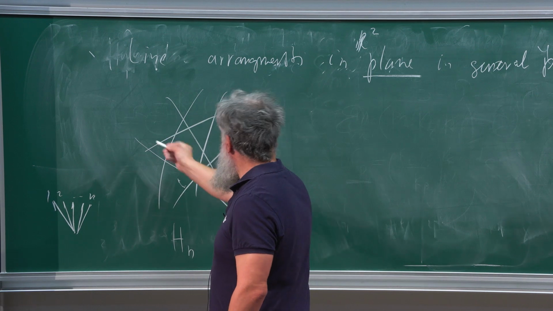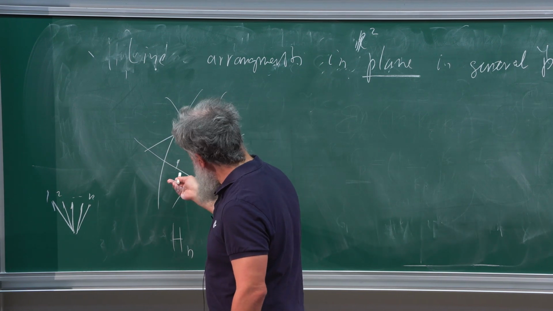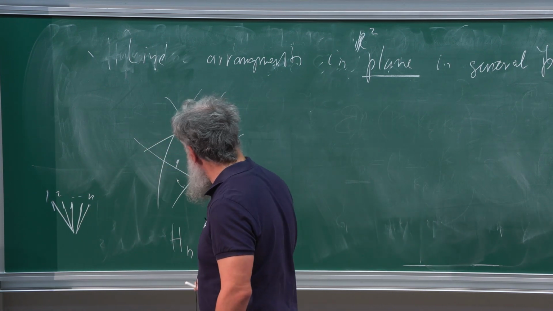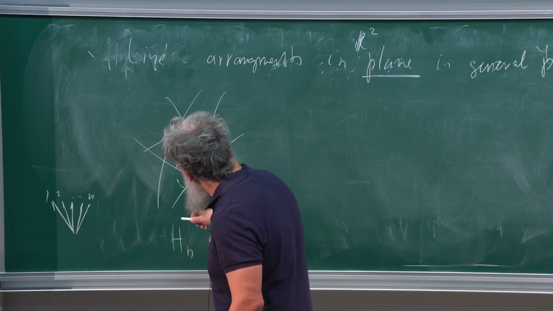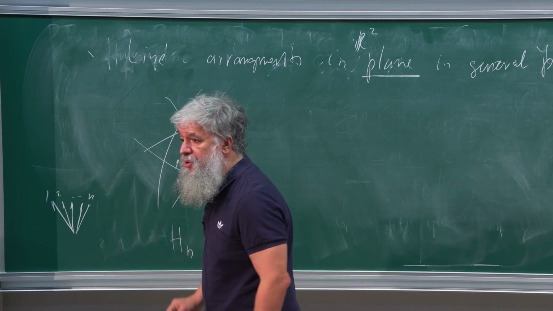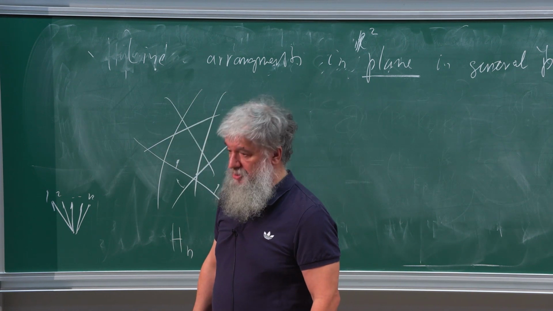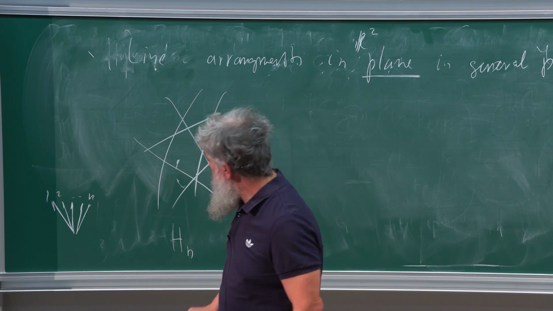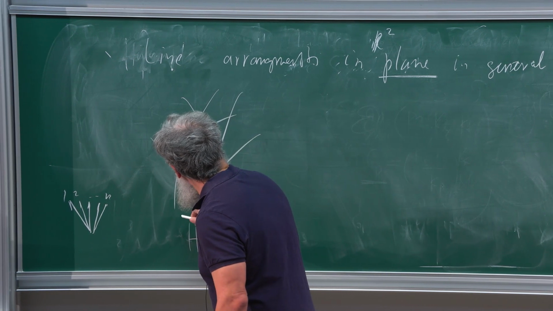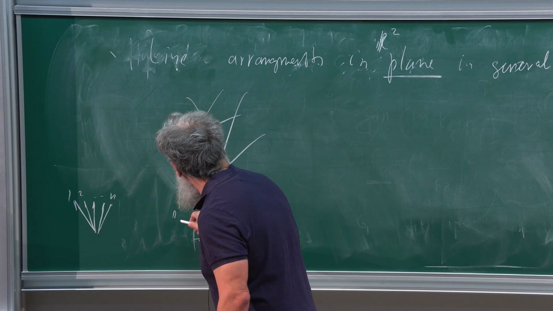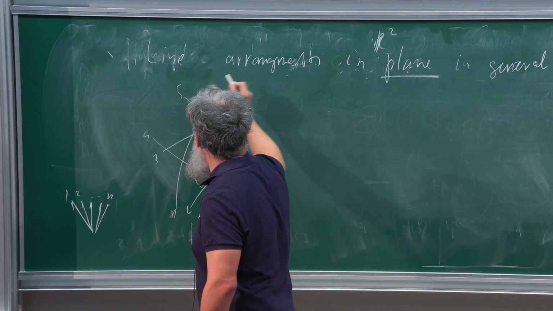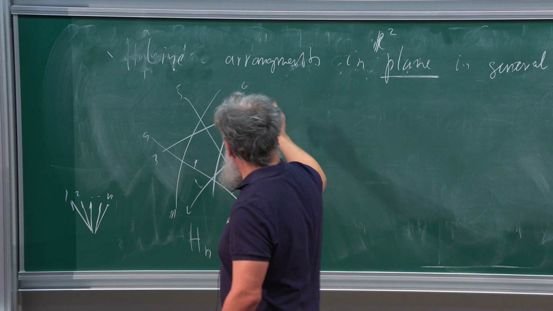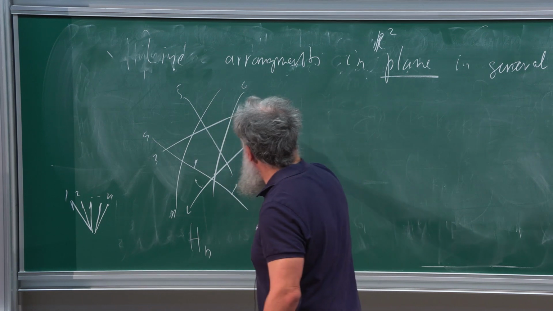The lines get numbers with respect to the numbering of the normal vectors. So you will get something like 1, 2, 3, 4, 5, 6, 7.